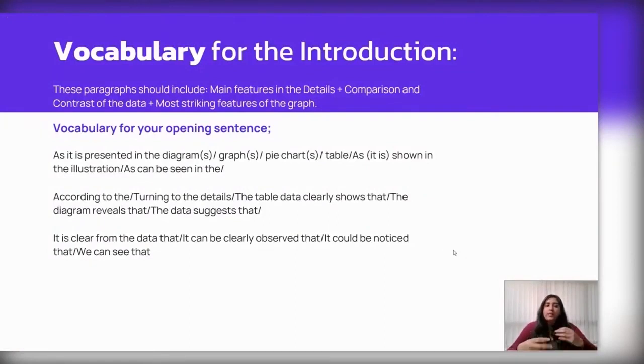These are all different ways of how you can introduce the main features or how you can compare it. Okay, so it is clear from the data that, and then you say your deduction from that.